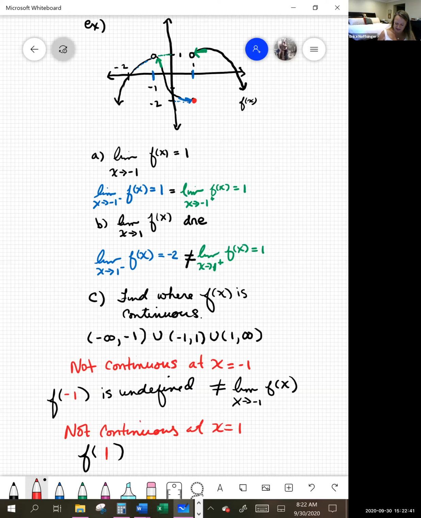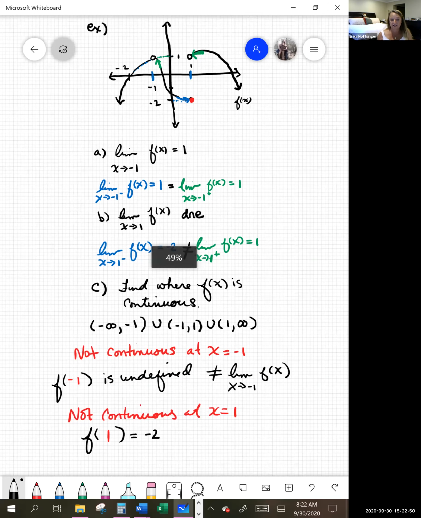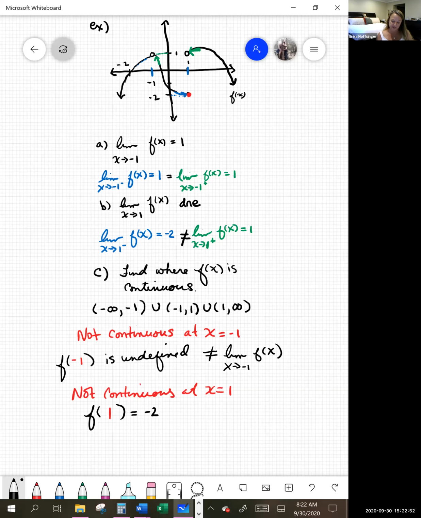That value is equal to -2. The problem that exists is the condition doesn't hold that the limit exists. The limit as x approaches 1 of f of x does not exist. And because of that condition, it's not continuous there.